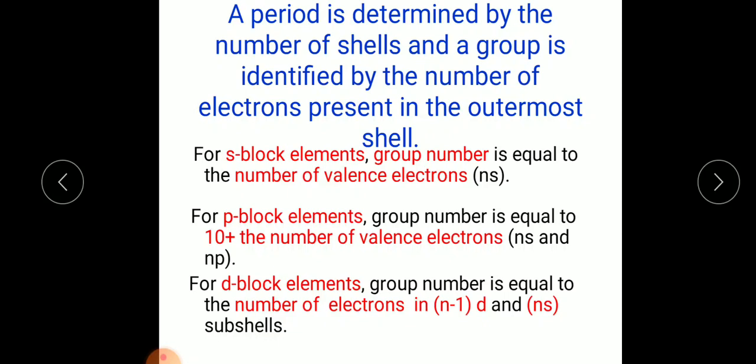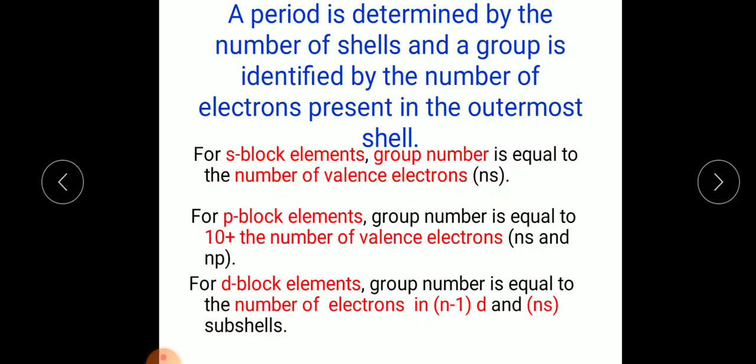For S block elements, the group number is equal to the number of valence electrons. Whatever number is present in the valence electrons, for example 1s1, the valence electron, that is 1, present in the S orbital will be the group number.